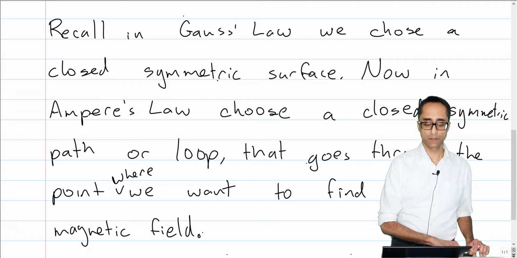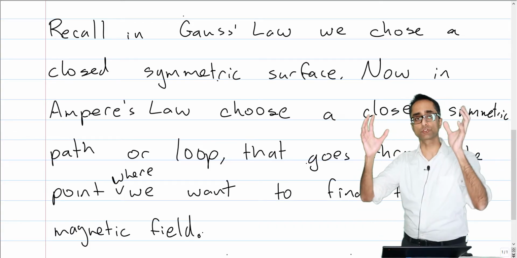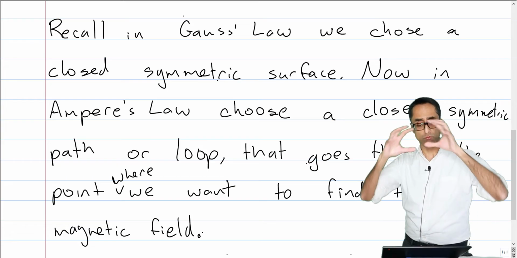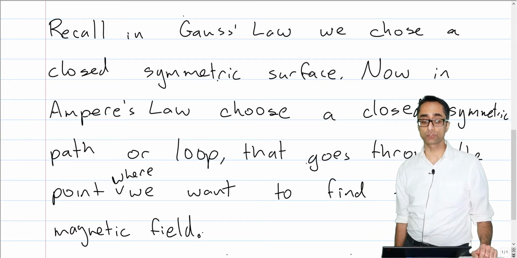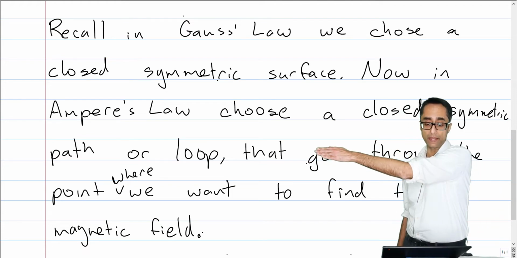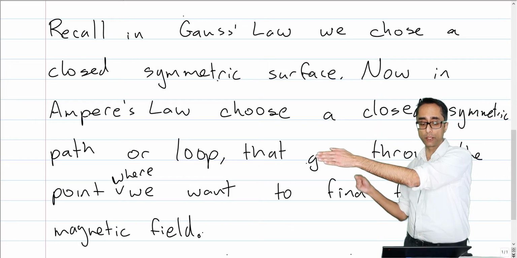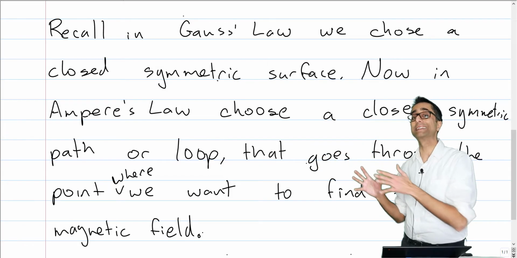All right, so let's make sure we got all that. Recalling Gauss's law, we chose a closed symmetric surface. So if we had, let's say, a sphere of charge, we chose a symmetric sphere around that charge. Now in Ampere's law, we're going to have this wire, and I want to choose a path or a loop that goes through the point where we want to find the magnetic field.